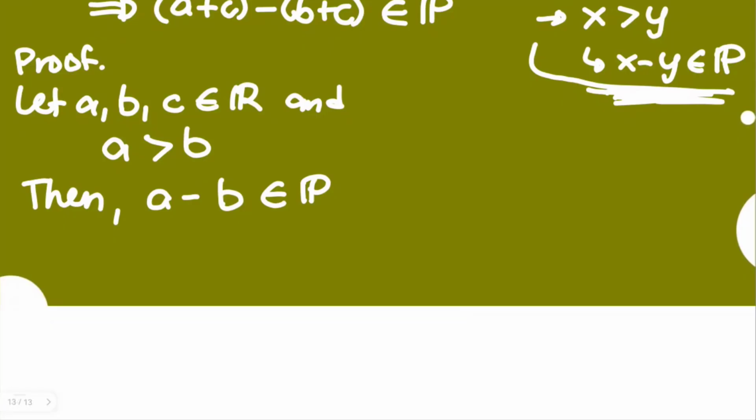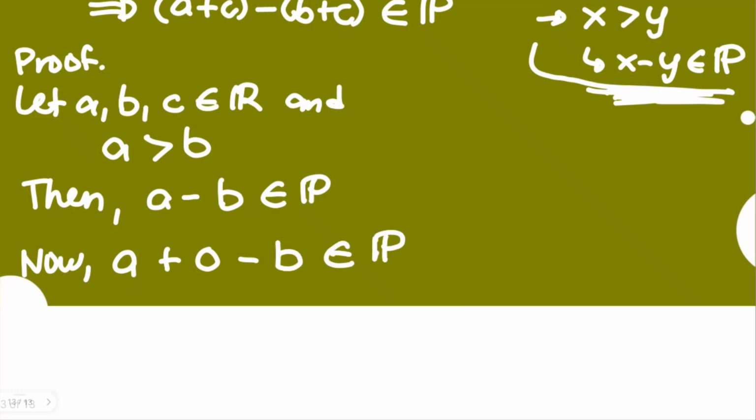What if we have here A plus 0 minus B, which is still an element of the set of positive real numbers? We are just adding 0, and of course 0 is the additive identity. We are not hurting the expression on the left hand side, but the point is, if we add 0 to a positive number, it's still a positive number. Am I right?